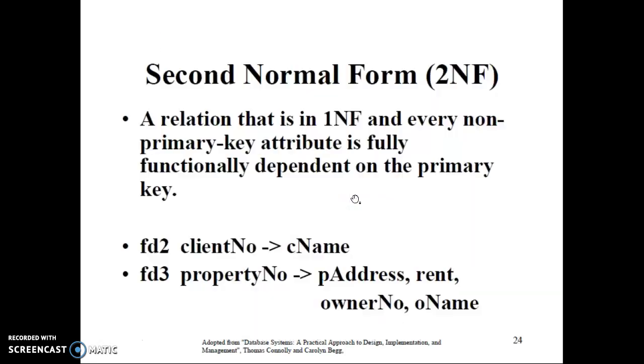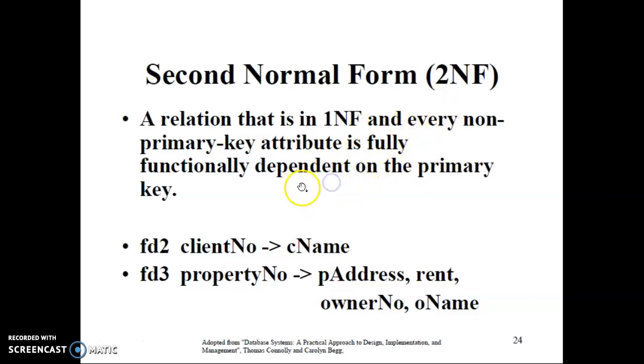Now, let us see how to transform the same table from first normal form to second normal form. Second step, second normal form, is based on the concept of full functional dependency, that is, removing partial dependencies.